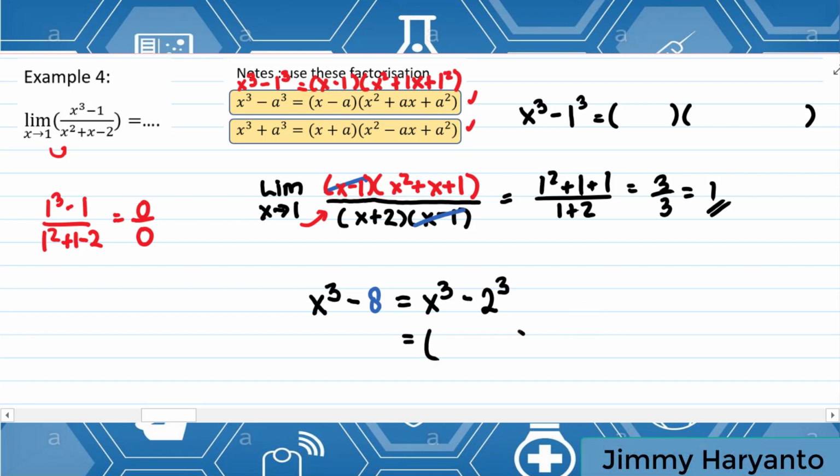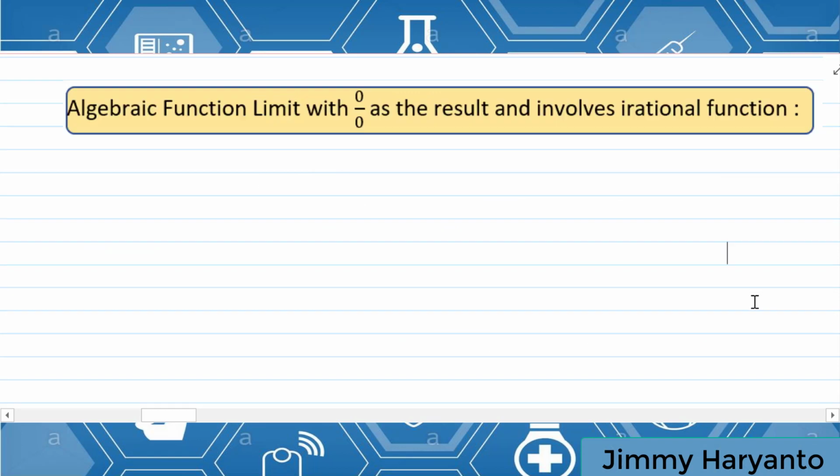Then you will have to use the formula. It will be x minus a, where a is 2, and then x squared plus 2x, and then plus 2 squared, which equals 4. Okay, that's easy.